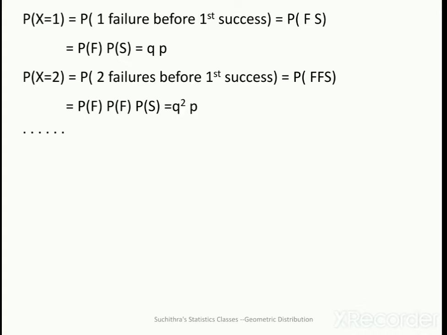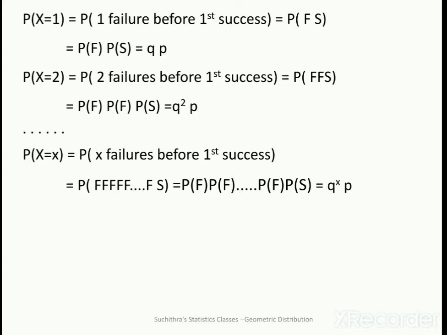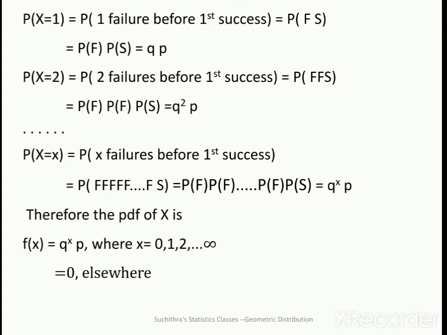Again, trials are independent, so we can rewrite that as P(F) times P(F) times P(S), that is q squared p, and so on. And P(X = x) is the probability of x failures before the first success, that is P of x F's and one S, that is q raised to x times p.